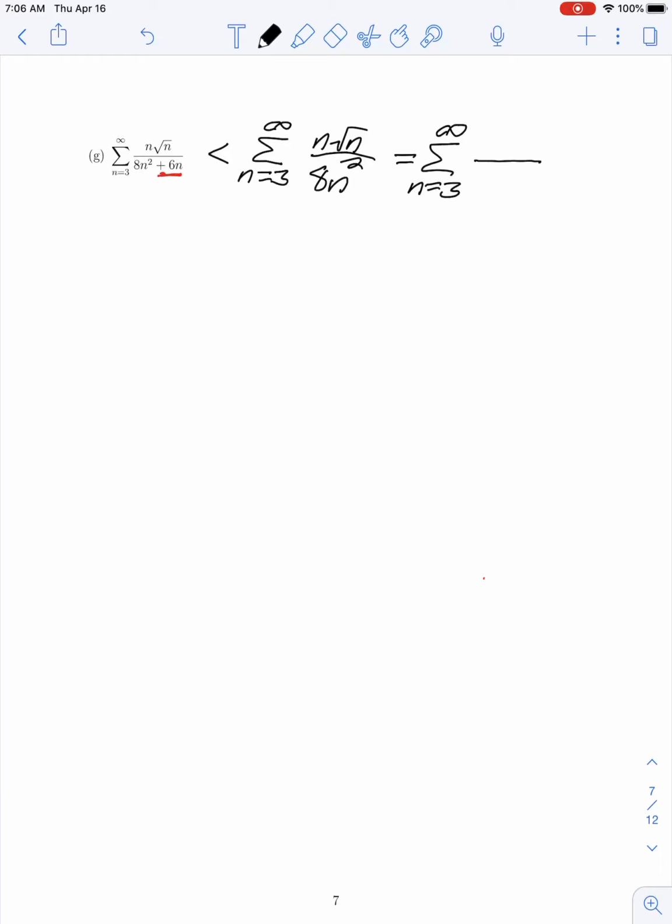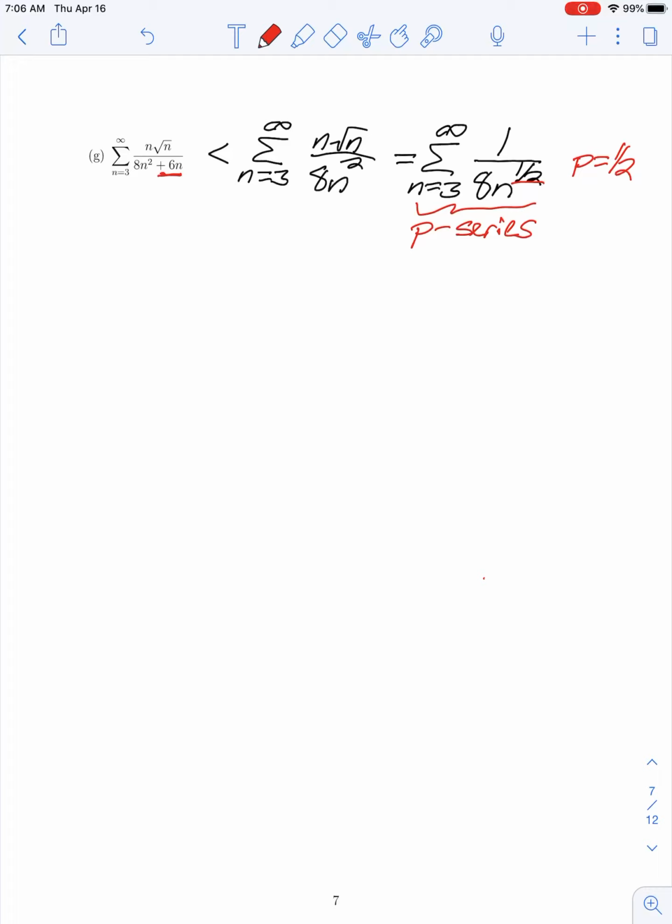So canceling n to the 3 halves power on top and bottom, I'm left with 1 over 8n to the 1/2, which is a p-series, where the power of p here is 1/2, which is less than 1, so that series diverges.